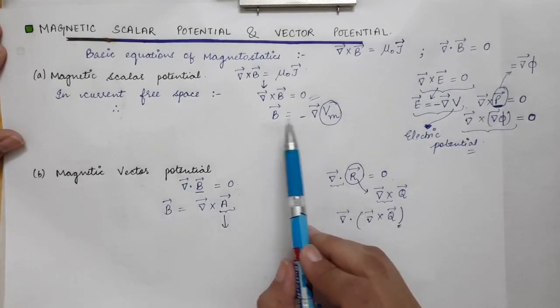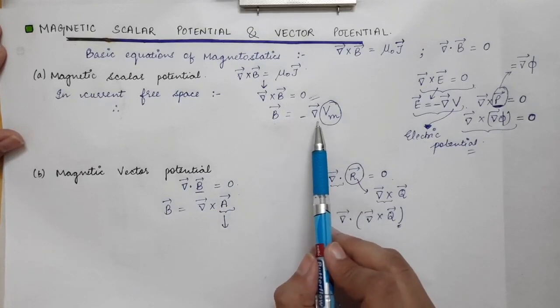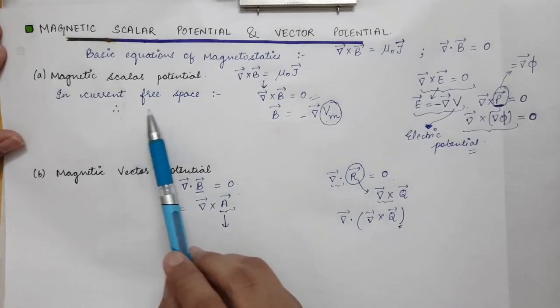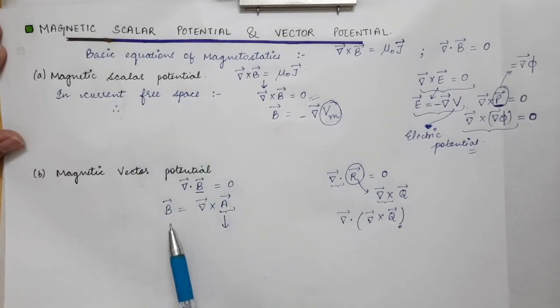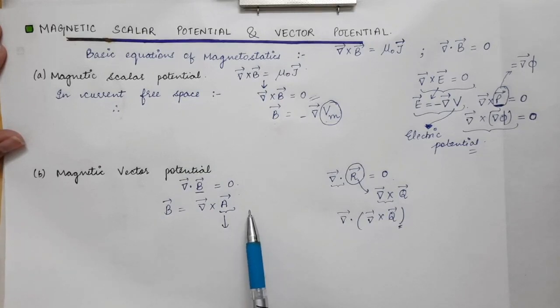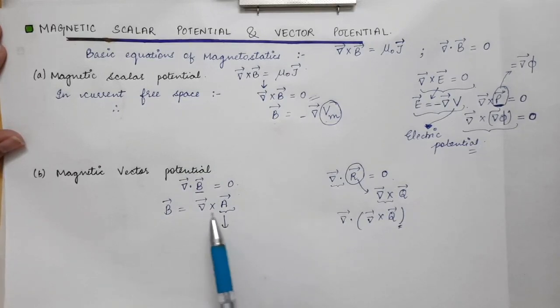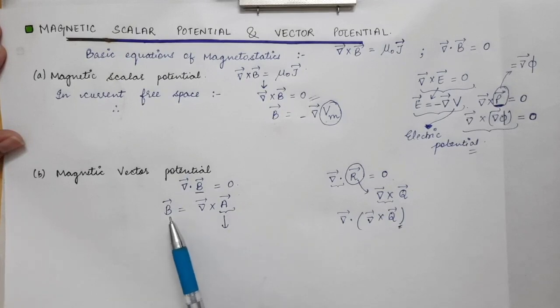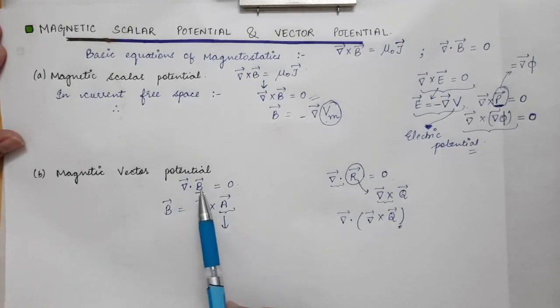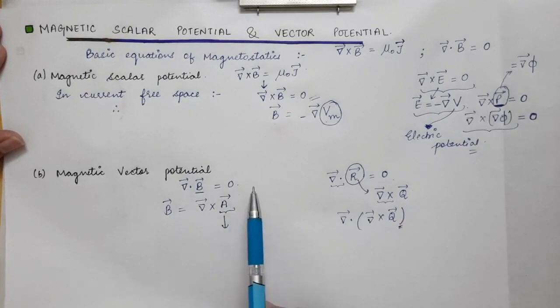The magnetic field can be expressed as the negative of the gradient of a scalar function only when you have current-free space. But the magnetic field can always be expressed as the curl of some other vector, no matter what, because the divergence of the magnetic field is always equal to 0.